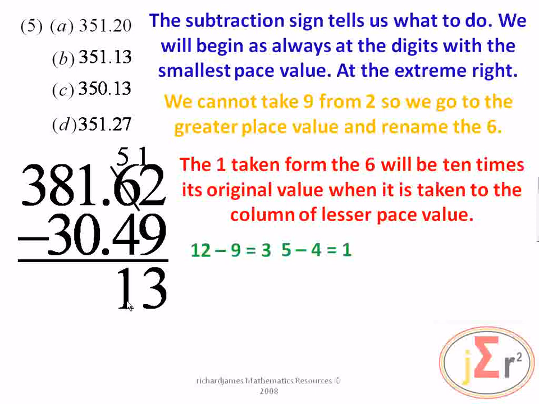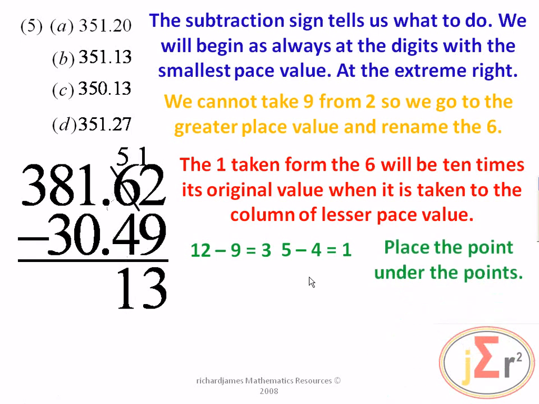Right. So we are subtracting numbers that contain decimal places. So right now we are at the decimal places. So place the point under the points. Or we may say that we are vertically aligning the points, because this answer also needs to have its decimal point. So the decimal point will go right there.